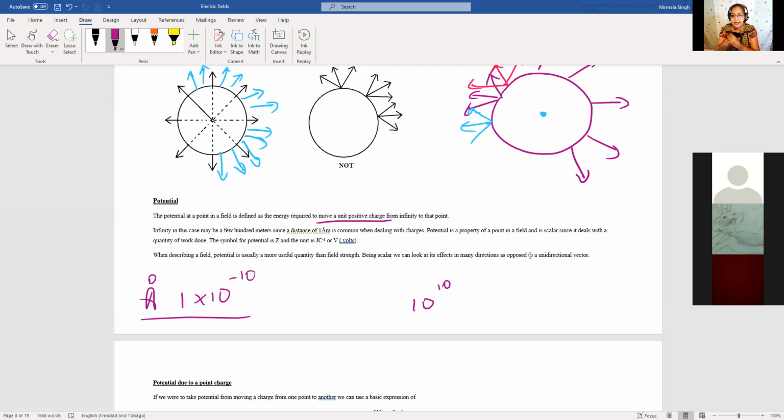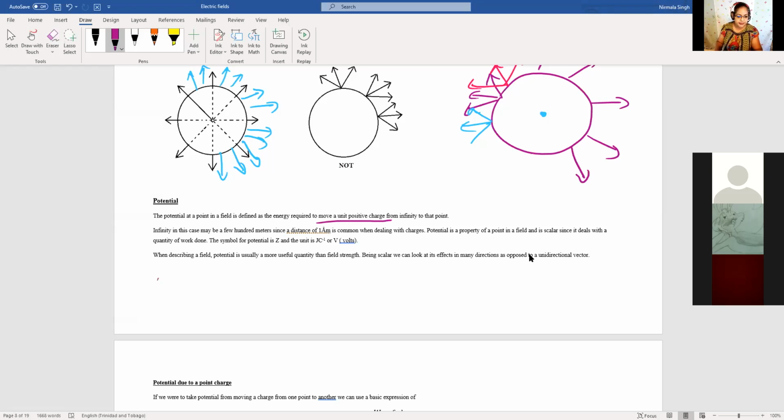Potential, reading from the handout: potential is a property of a point in a field and is scalar since it deals with the quantity of work done. Now here, this is where we're going to look at questions that definitely come in multiple choice. Most of our terms are vectors, most of them.